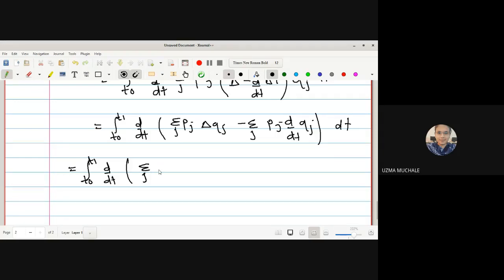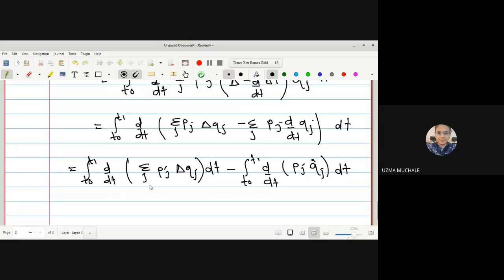This is summation over j Pj delta qj, integration with respect to t, minus integration t naught to t1, derivative with respect to t, and here Pj, this qj with respect to t is qj dot, integration with respect to t.